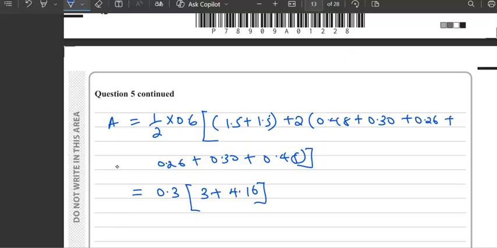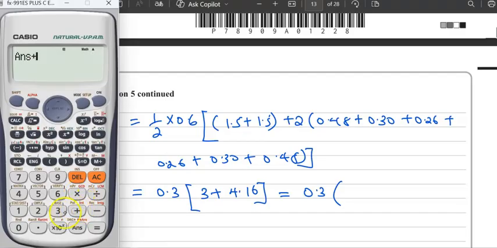So when we add the two, we'll have 0.3 multiplied by the sum of these two, so plus 3, your answer plus 3. This gives you 7.16.